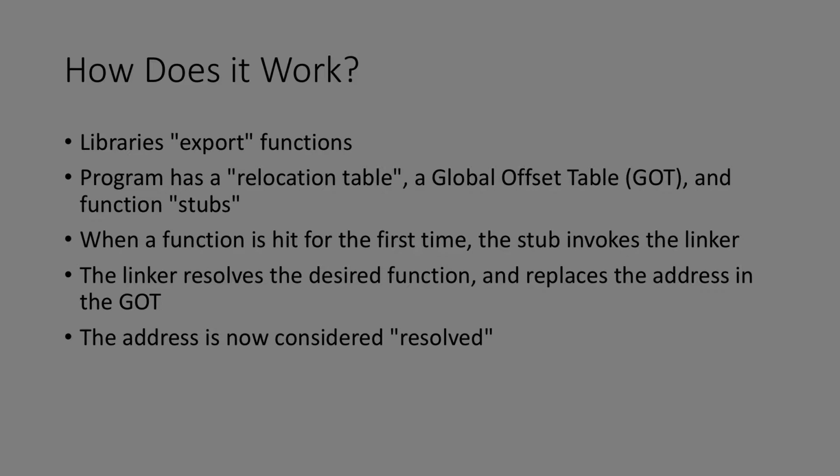So how does this actually work internally? All of the programs that you build by default have symbols in them, which say this function is at this address and is this long. This other function is at this other address and is some other length.